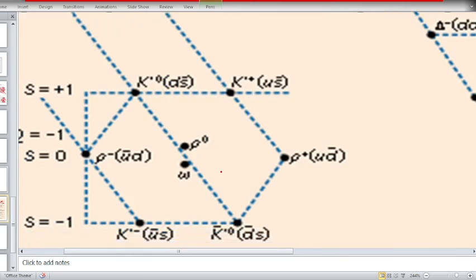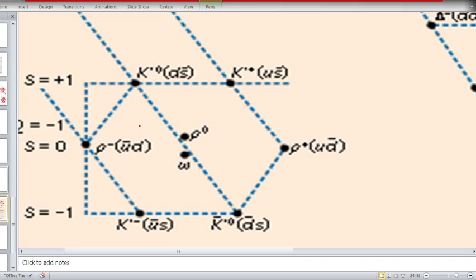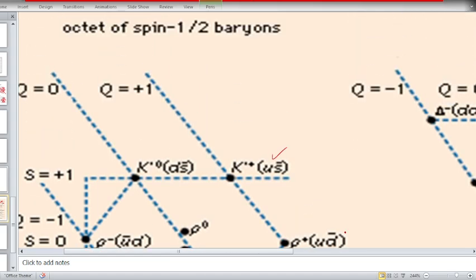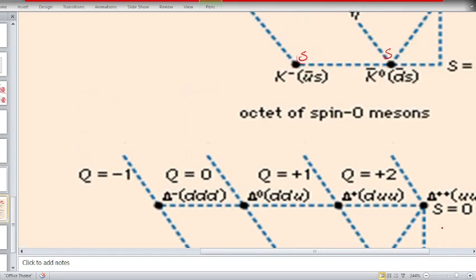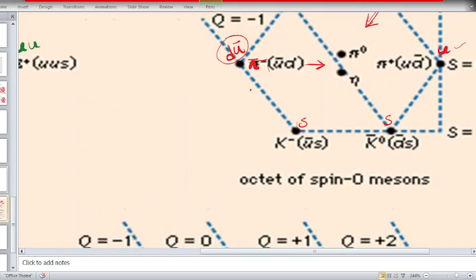You will get the corresponding quark-antiquark pair for the mesons. You can see here you have U S bar. Let me check: if this is U, the opposite you will be having S. So you just confirm that for this case also it is working.